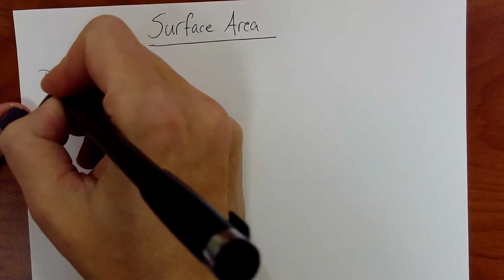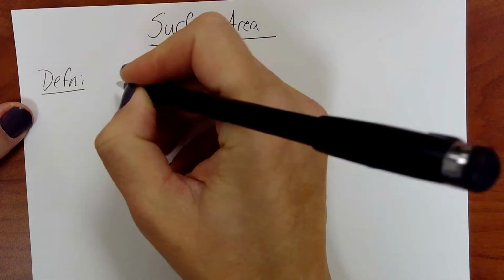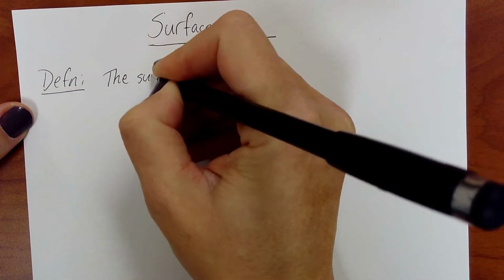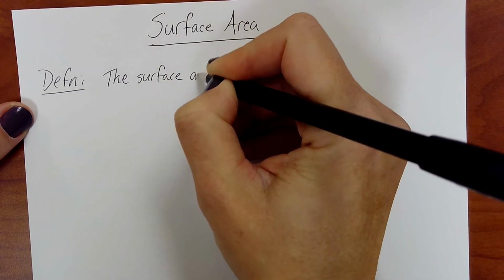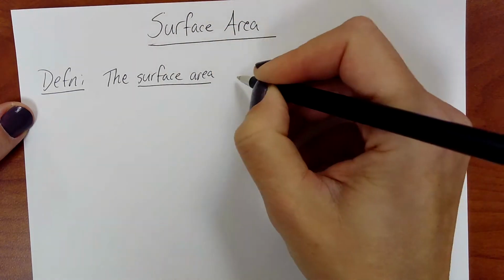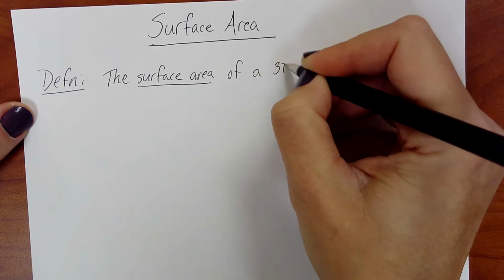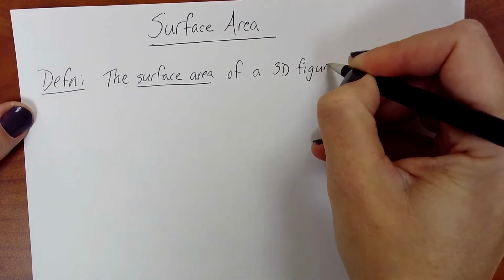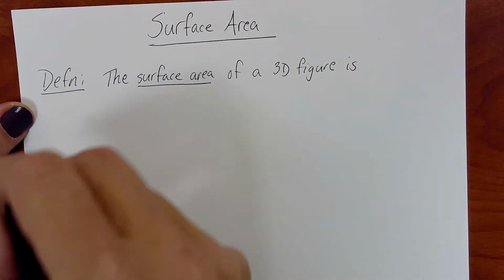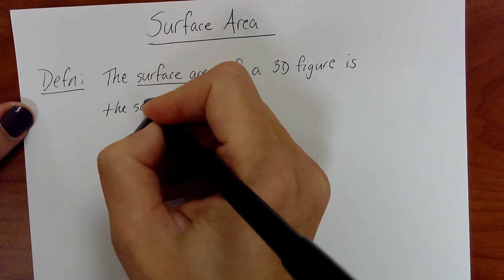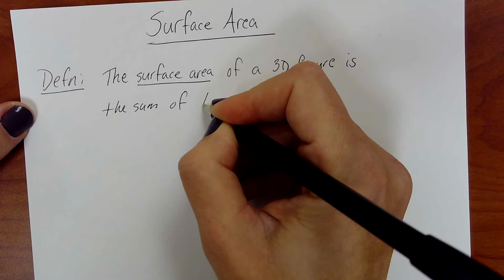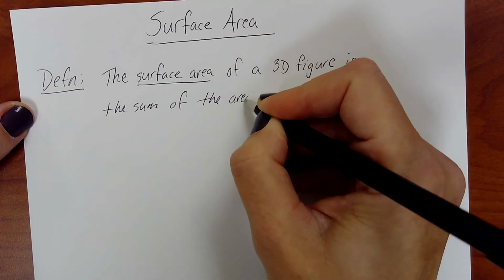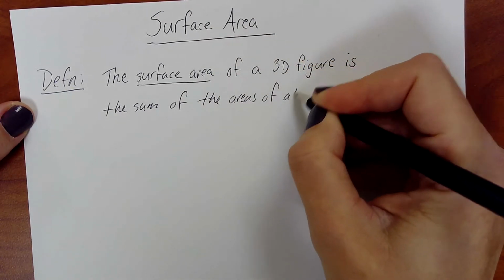Surface area. So you're going to be finding the area of the outside surface of the 3D shape. So let's just write down the definition here. Definition: the surface area of a 3D figure is the sum of the areas of all the faces.